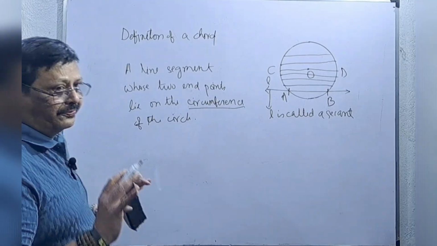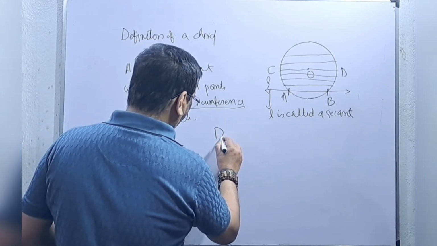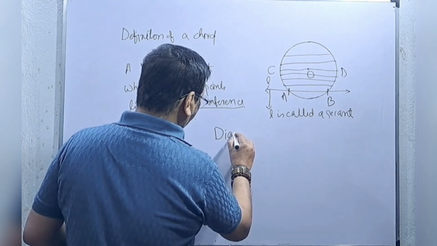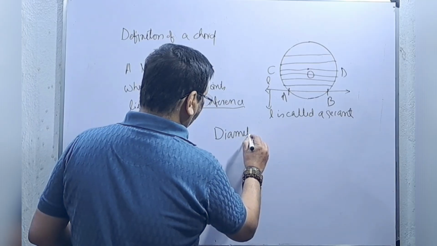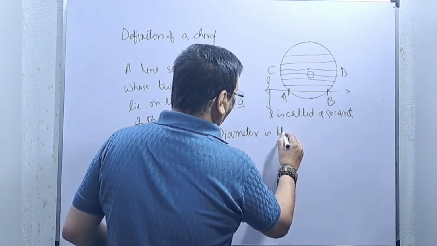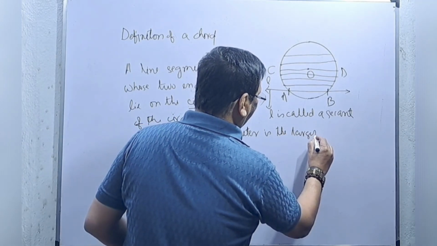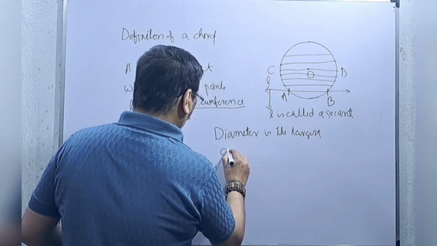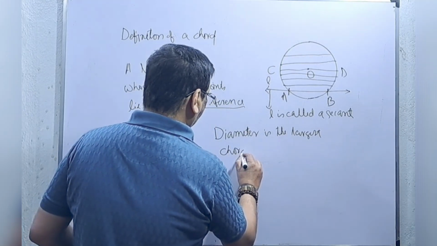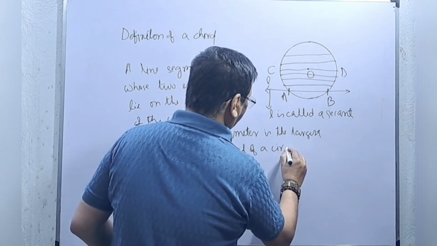Now if we want to define diameter, it is the largest chord of a circle, right?